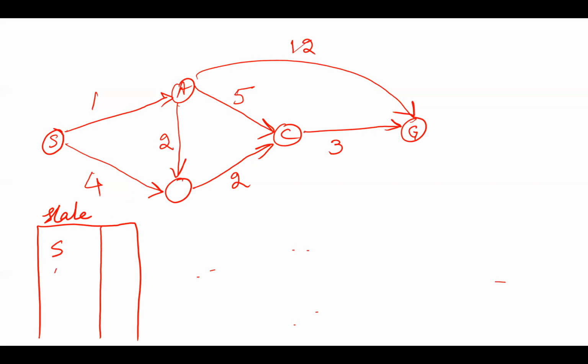So we have S, A, B, C, and G. For this, let's say H of S is 7, H of A is 6, H of B is 2, H of C is 1, and H of G is 0.